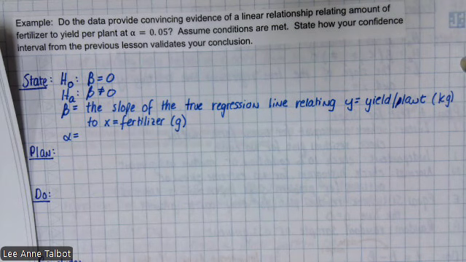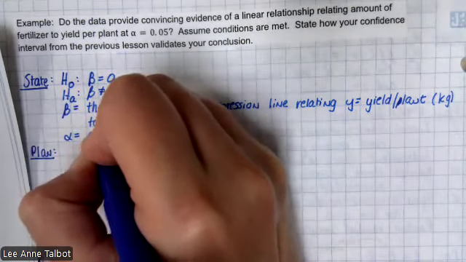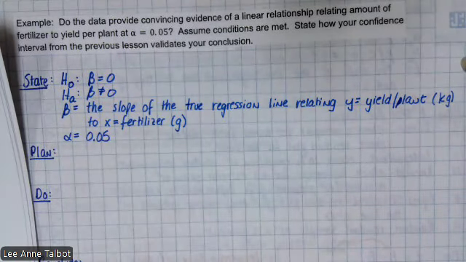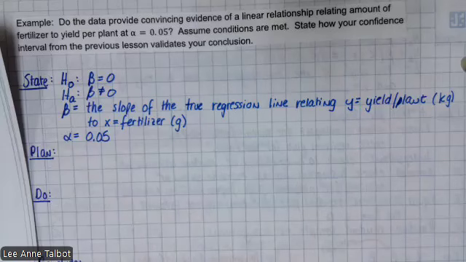Do you guys all see where I got the Y and X from? The scatter plot? And we talked about how they're going to have to give you a large amount of stuff for you to be able to do these problems. Okay, and alpha is 0.05. Any questions about the state? Okay, plan.